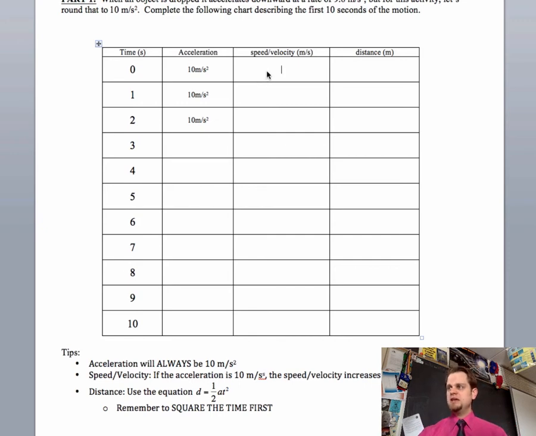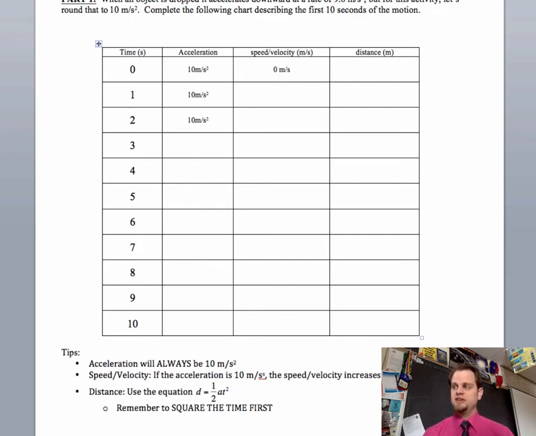Now, as far as the speed, well, how fast is it going right when you just release it? Essentially, it's 0 meters per second, right? But how can we find the velocity 1 second later? Well, we know the acceleration is 10 meters per second per second.